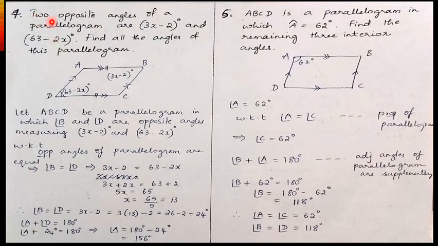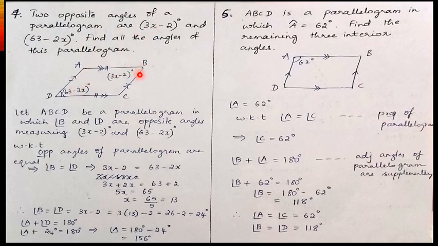Next problem. Two opposite angles of a parallelogram are 3x minus 2 degrees and 63 minus 2x degrees. Find all the angles of this parallelogram. So let ABCD be the parallelogram and two opposite angles are given. We will write the measurements of the given angles in opposite positions.